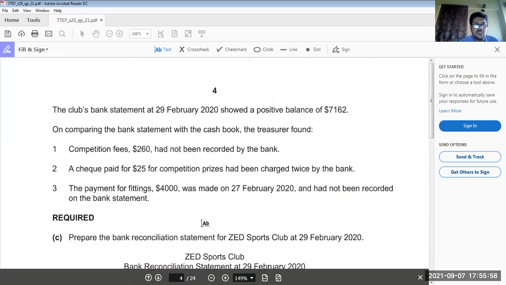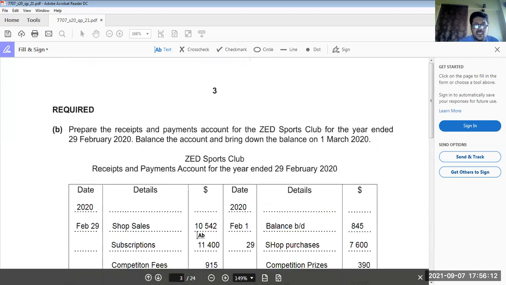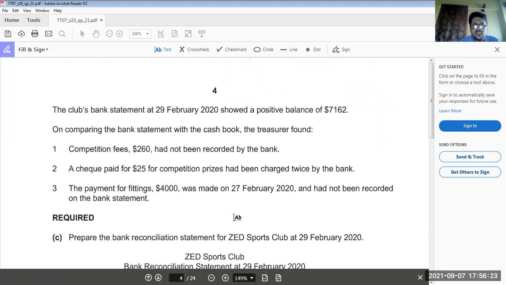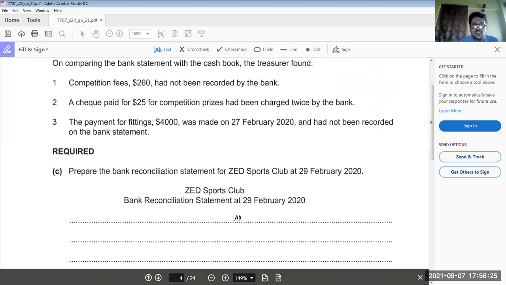Now, the club bank statement at 29 February 2020 shows a positive balance of 7,162. Now, the bank statement has come and it shows that you have now $7,162. But according to our records, our receipts and payments only for the bank show 3,447 in the bank. So we need a reconciliation, yes. And there are three problems found. Let's see.